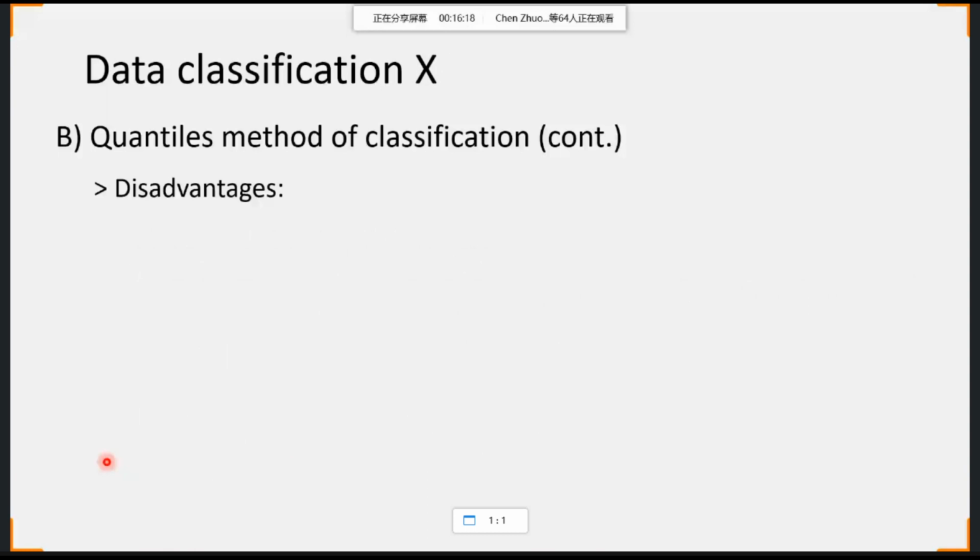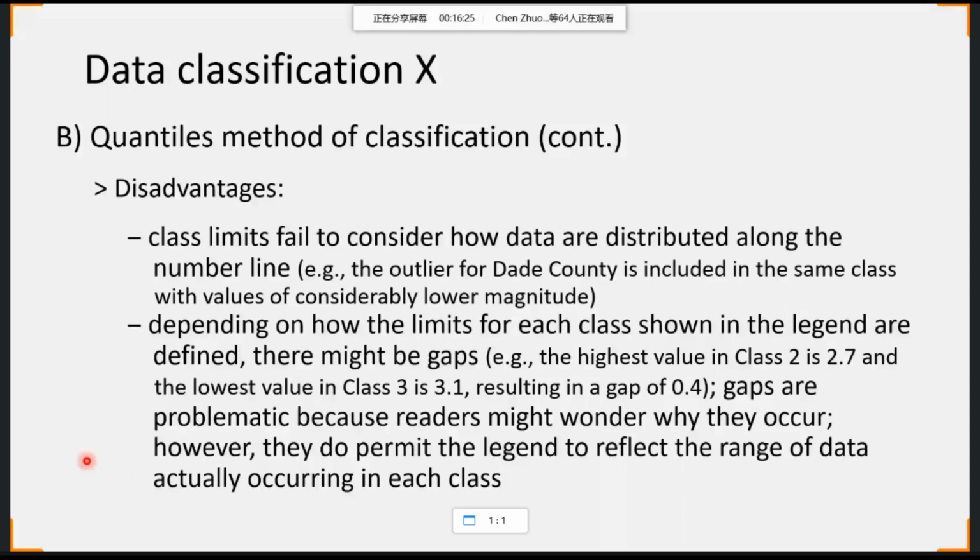And the disadvantages: class limits fail to consider how data are distributed along the number line. As you see, these big differences, of course.